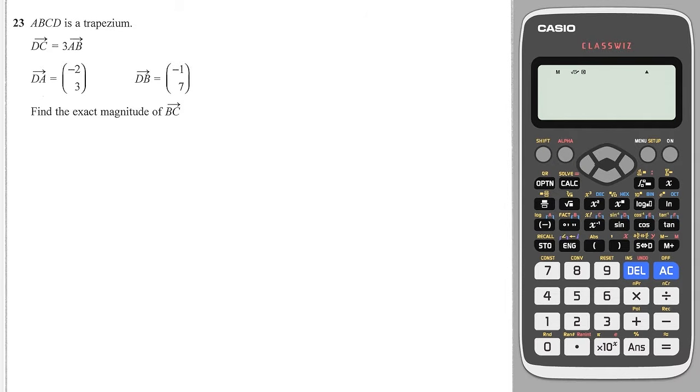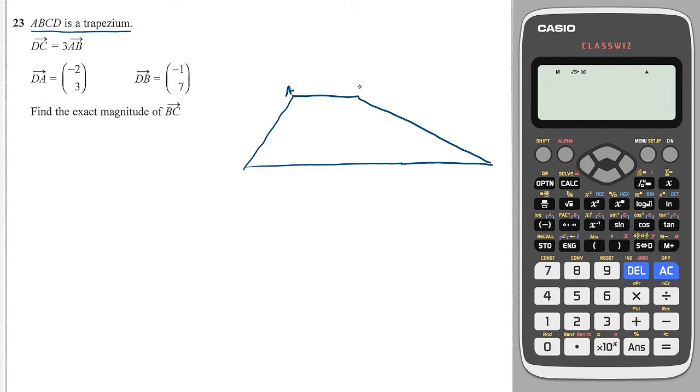Okay, tricky question straight away, because we have no real information here in terms of a diagram. So a good idea would be to draw our diagram ourselves. A, B, C, and D. That's great, because DC is 3 lots of AB.